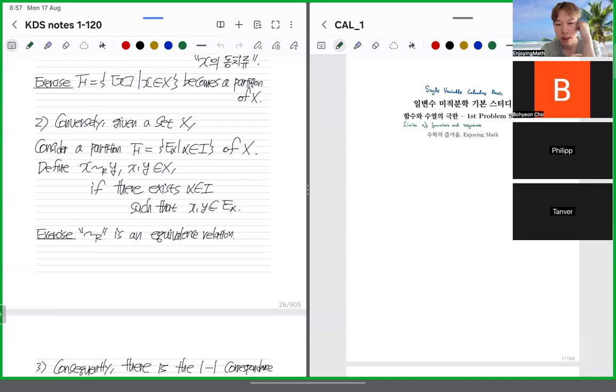Why? Because we started with the partition. And in this partition, E alpha contains elements which are equivalent between themselves, right? But why does the partition imply the equivalence itself? That's what we have to show.